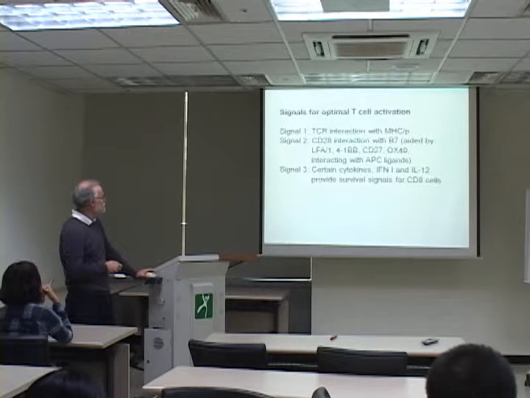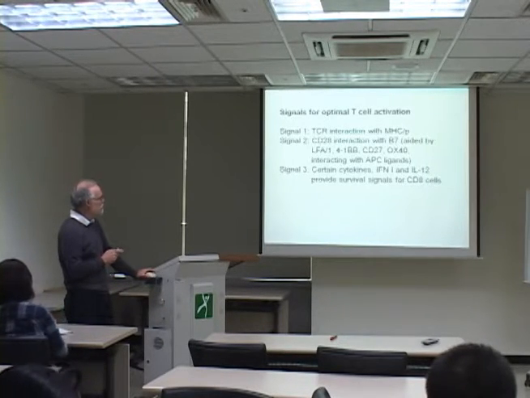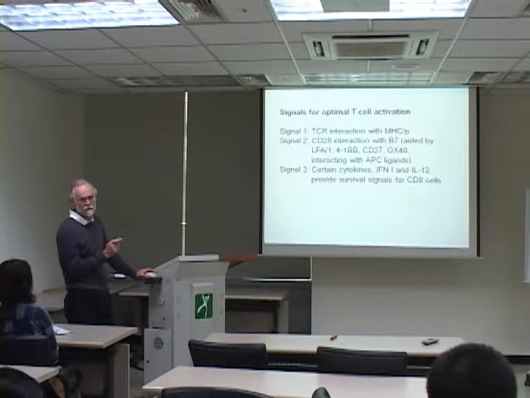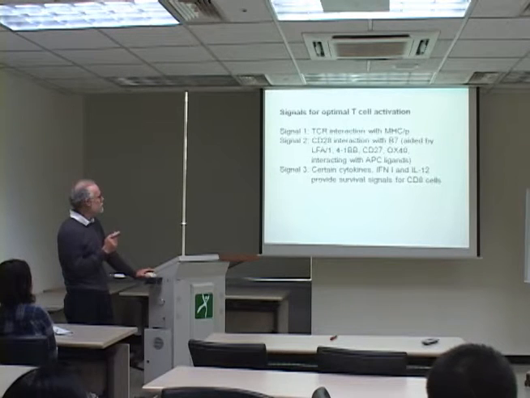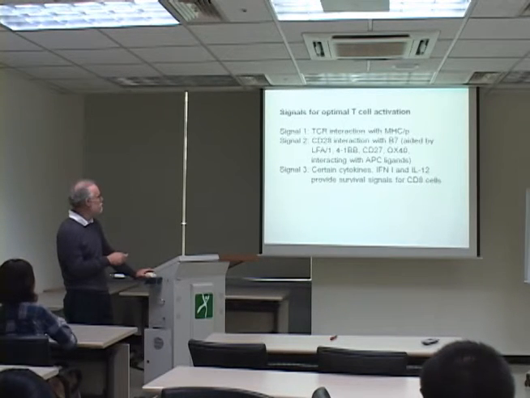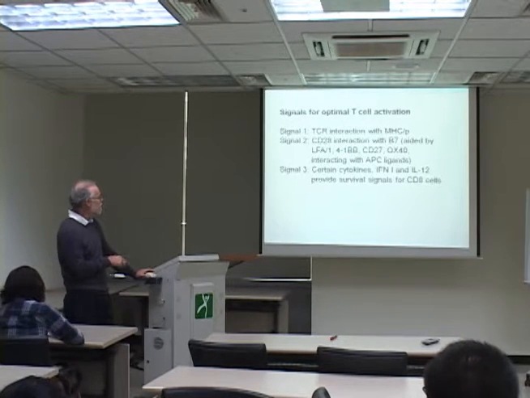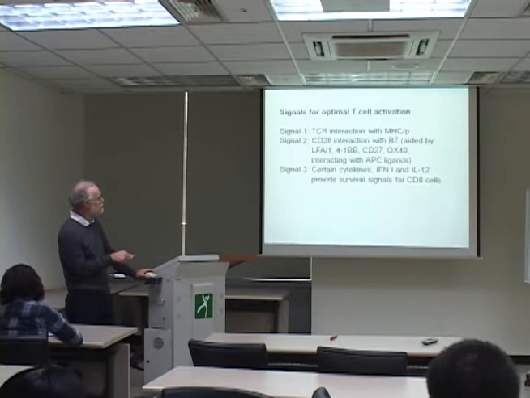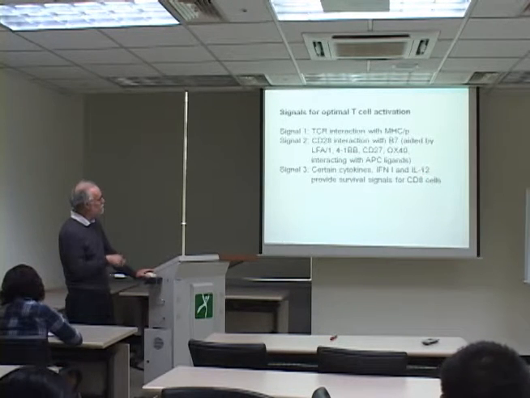Now I should mention that in order to get an efficient immune response, you have to have cytokines. The cytokines are crucial for expanding responding T cells. For CD8 cells, you need IL-2 for the expansion, but to keep the cells alive and proliferating, certain other cytokines, particularly type 1 interferon and IL-12, are of great significance.